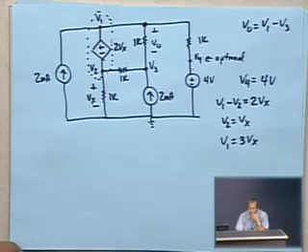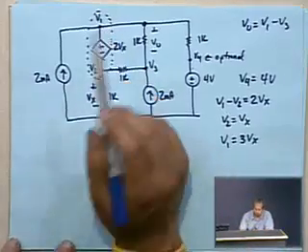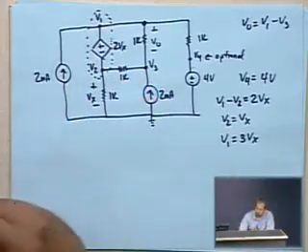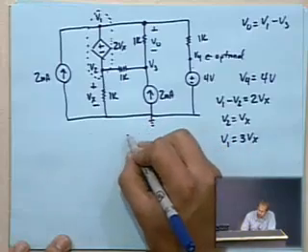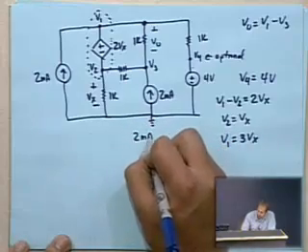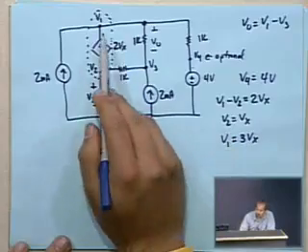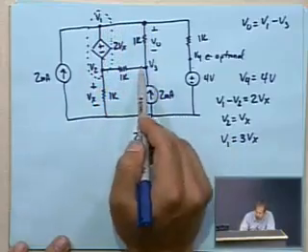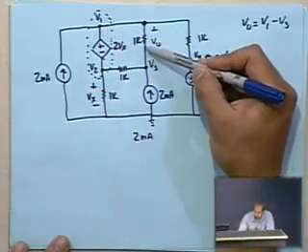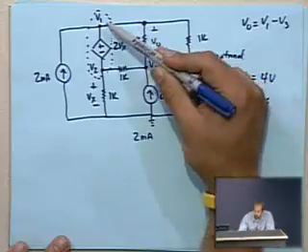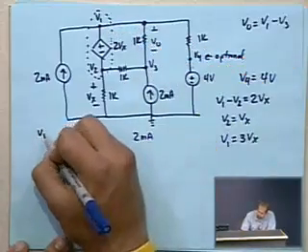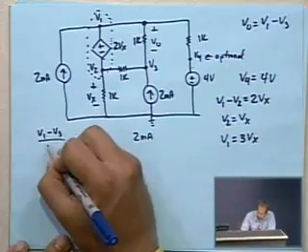So now we can start writing our node equation. Let's start with the supernode. We've got 2 milliamps of current rolling in, so let's stick that on the far right-hand side of our equation. We need to make sure we see that there is 1K of resistance between nodes V1 and V3, so V1 minus V3 over 1K.